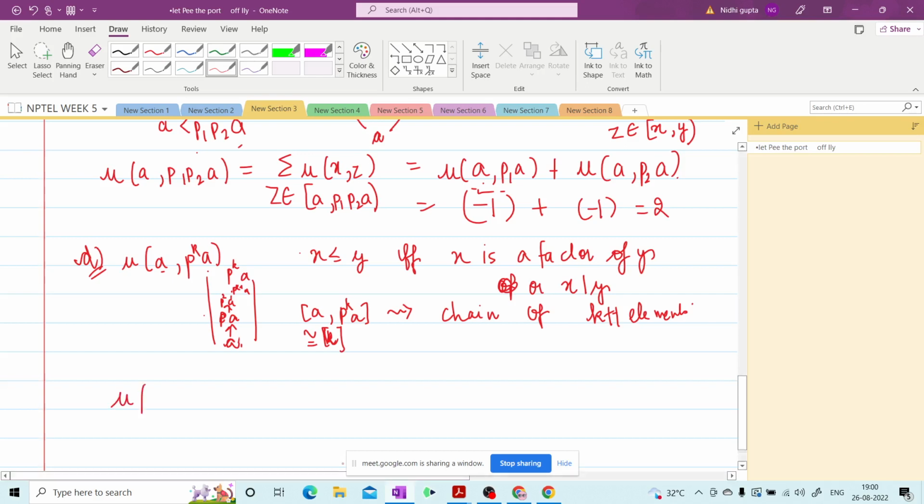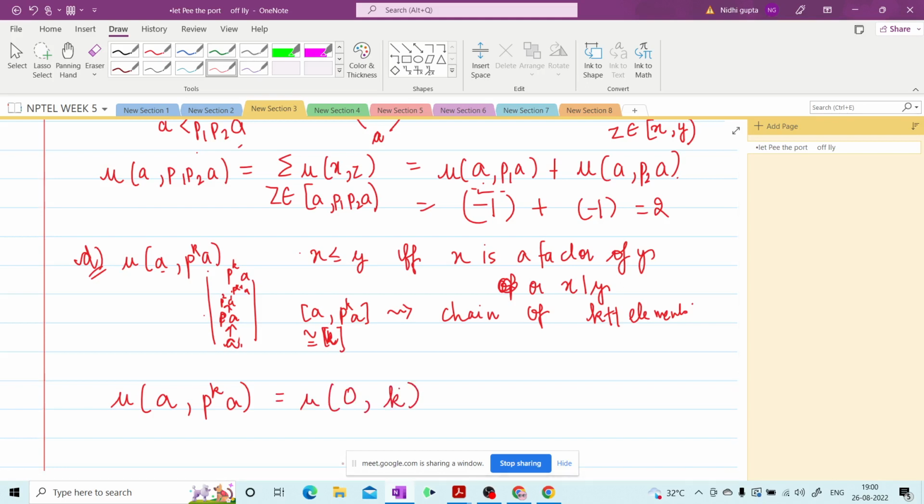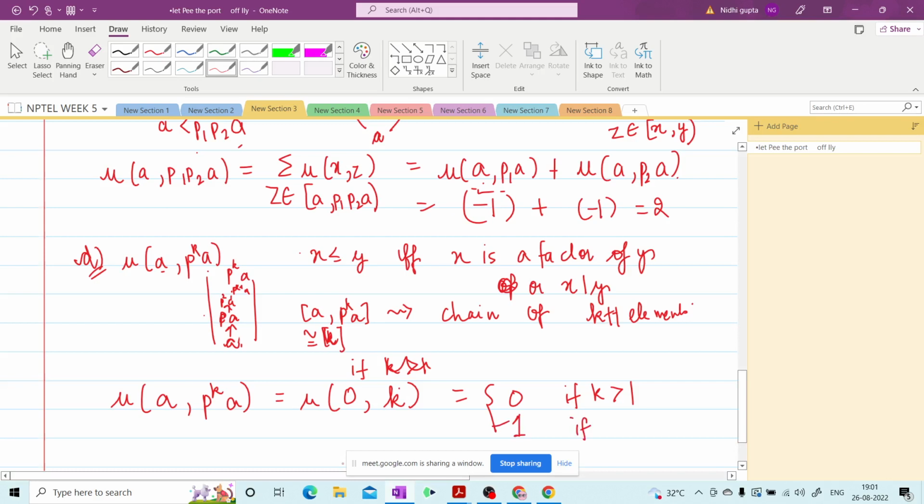And now we know for chains we have already computed. So mu APKA, under this isomorphism, will correspond to mu 0K. And this will be 0 if K is greater than 1 and minus 1 if K equals 1.